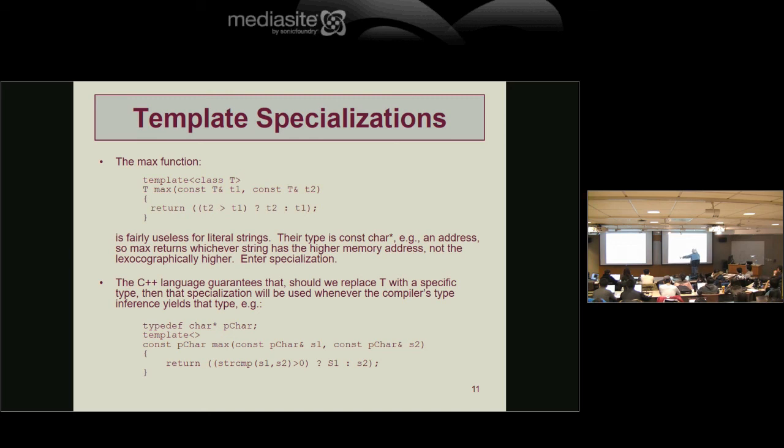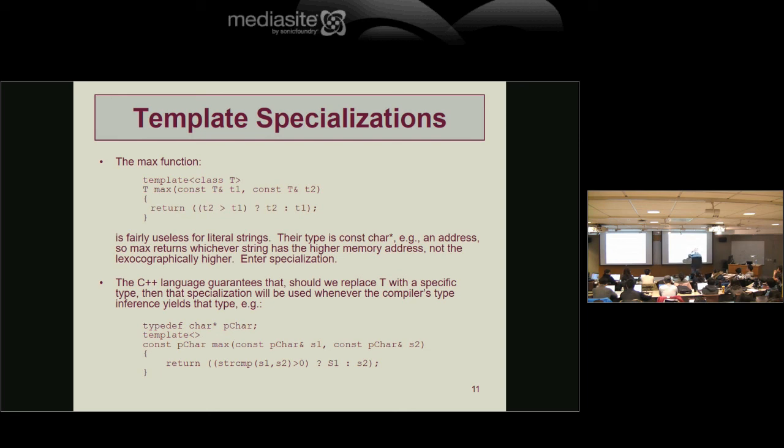Empty template, the syntax for specializations, const p char, okay, max const p char by reference, const p char by reference, okay, and now I'm using the C-style string lexicographic string compare. So the language guarantees me that if I pass it a literal string, it'll call this one in preference to that one. But if it can't find a specialization, it'll call that one.